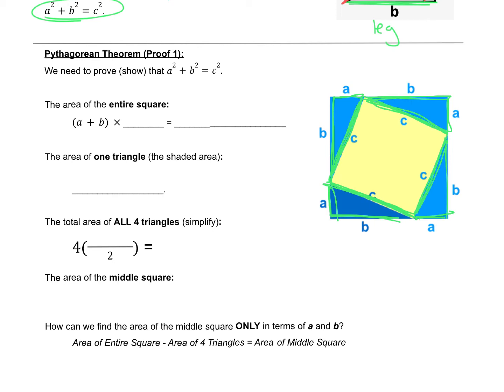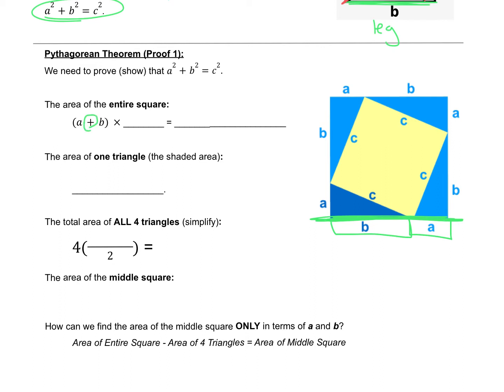So the area of the entire square, okay, well, when it's asking us about the entire square, we can see this side length is A and B. And if I want to combine them, I'm going to add.